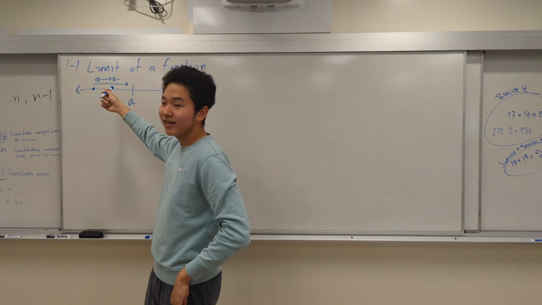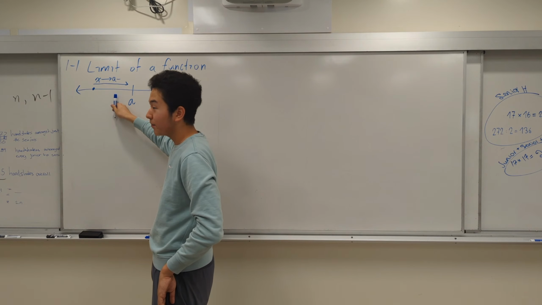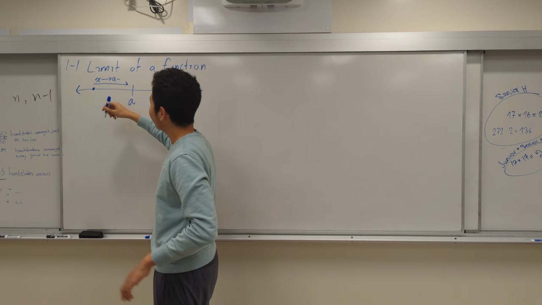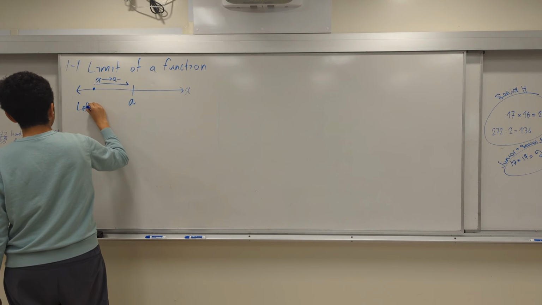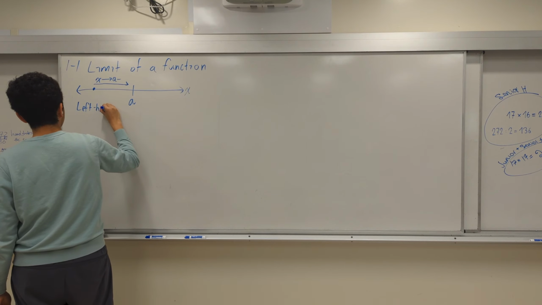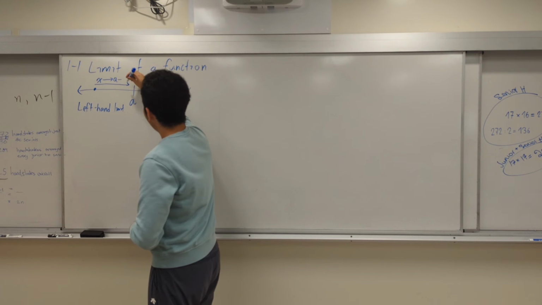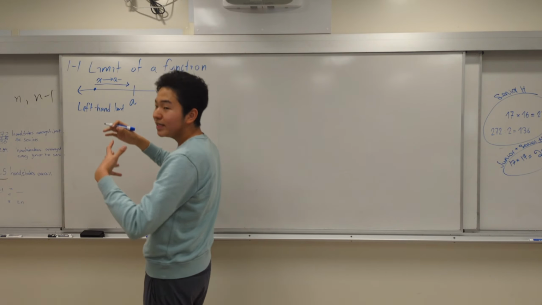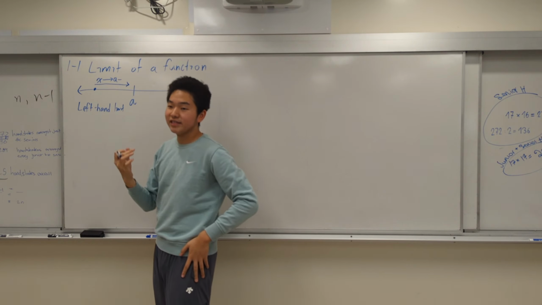Why the minus sign at the end? Because it's always going to be smaller than A. We call it the left-hand limit, so I'll write that down. Left-hand limit. So we're approaching A from the left-hand side. That means we're always going to be smaller than A, but we're never going to touch A.